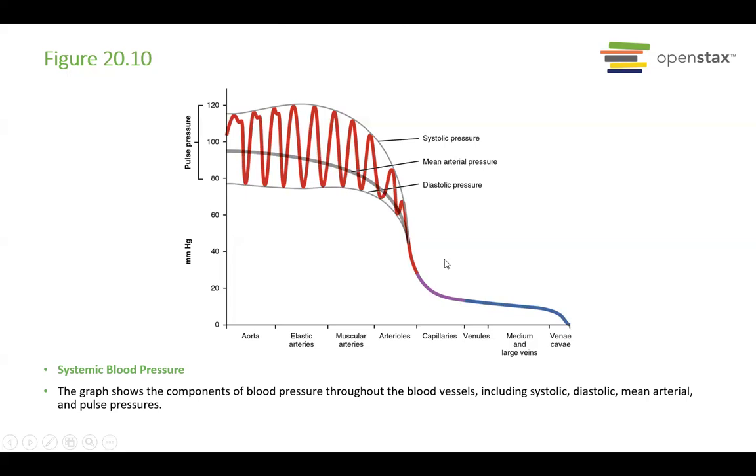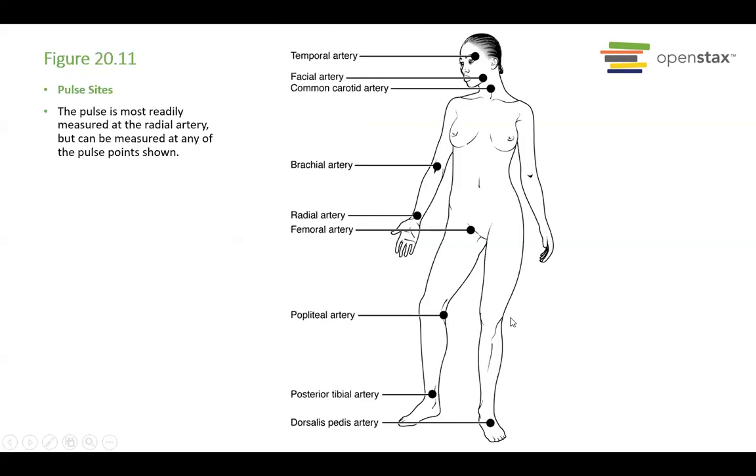We are giving the tissue oxygen and removing carbon dioxide and giving the tissue ATP. And that's going to drop the pressure in the veins and the vena cava.